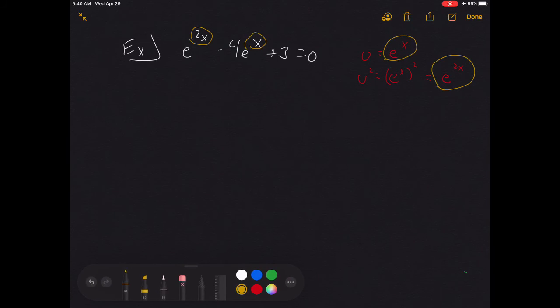So what I'm going to do is I'm just going to rewrite this in blue here as u squared, because that's the same thing here as the e to the 2x, minus 4, and then e to the x here is the same thing as what we called u, plus 3 equals 0. This hopefully now is something that you can see as just a basic quadratic. And we can factor this.